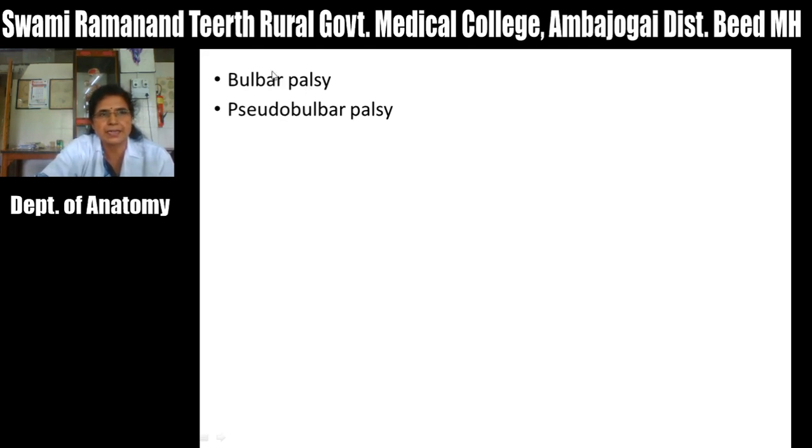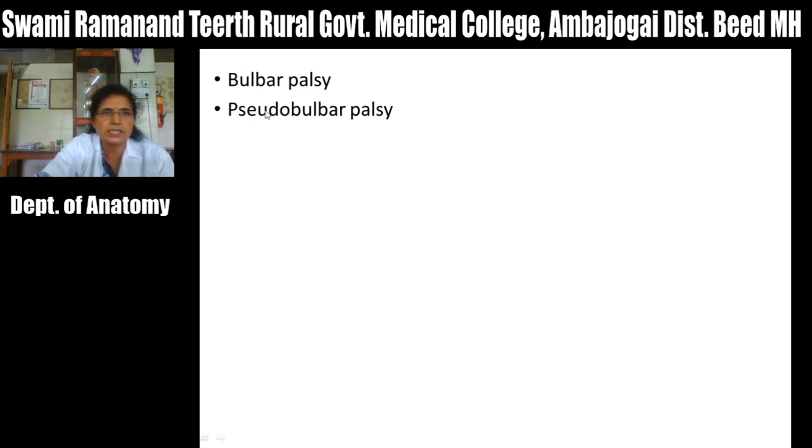In bulbar palsy, there is a lesion in the nuclei or in the nerve, that is outside the medulla, and this is a lower motor neuron type of lesion.